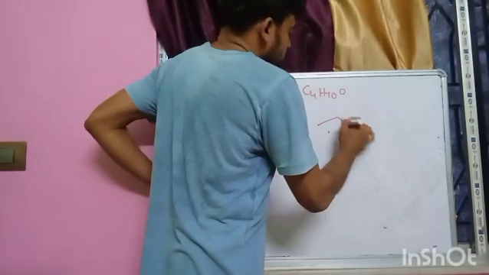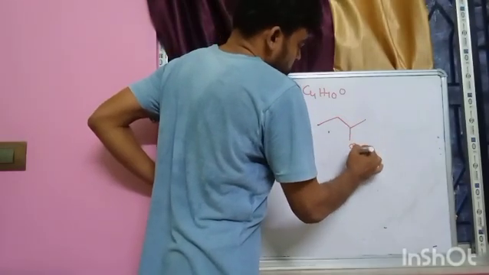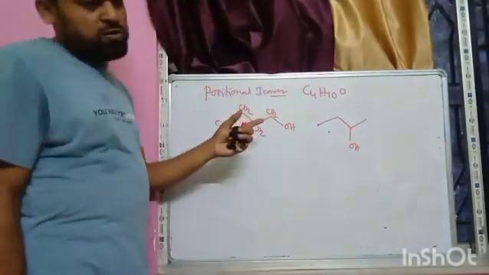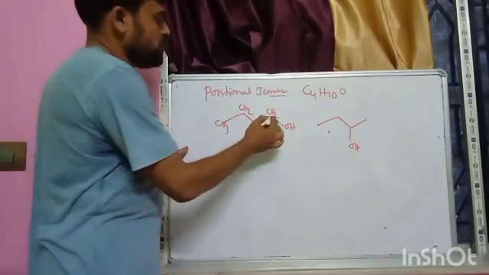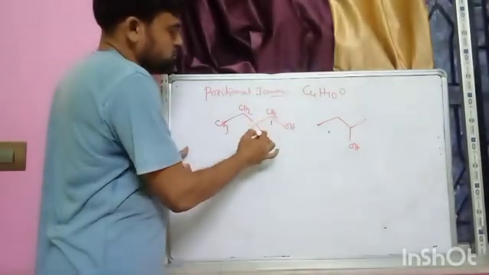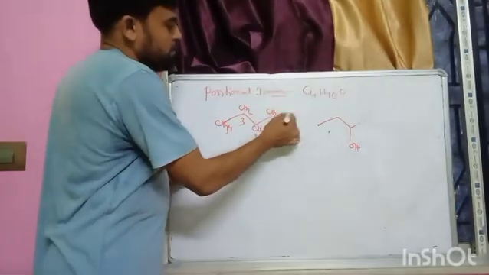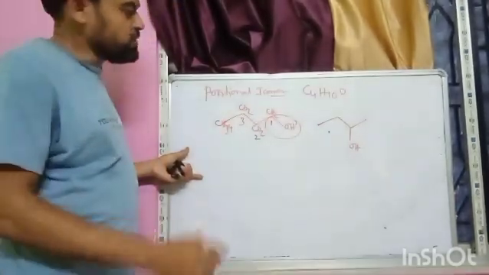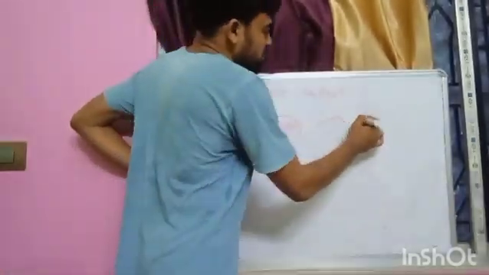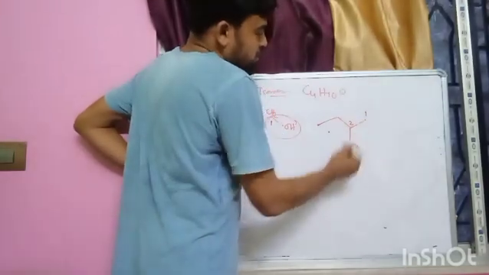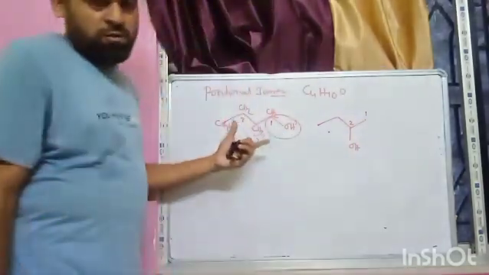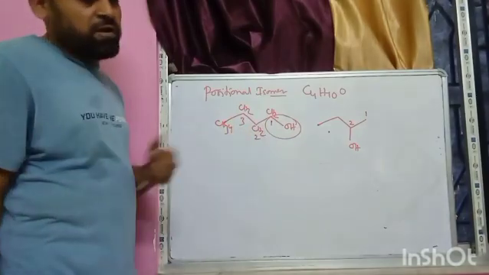And another is, here the position of the OH is different, that is 1, 2, 3, 4, and this OH, that is the alcoholic group, is in position one. Here the alcoholic group is in position two, so the positions of this OH are different, so it is called positional isomer.